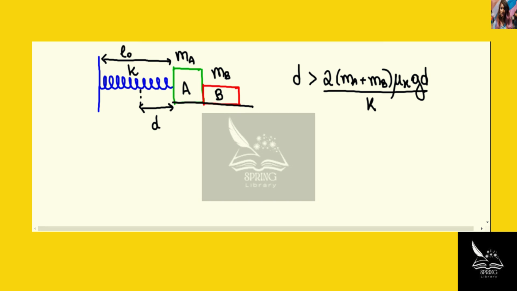Our goal is to show that in order for block A and block B to be separated after some time, we need that D be greater than 2 times the sum of the masses of the blocks times mu K times G divided by K. Actually, I'm sorry, there shouldn't be a D here.